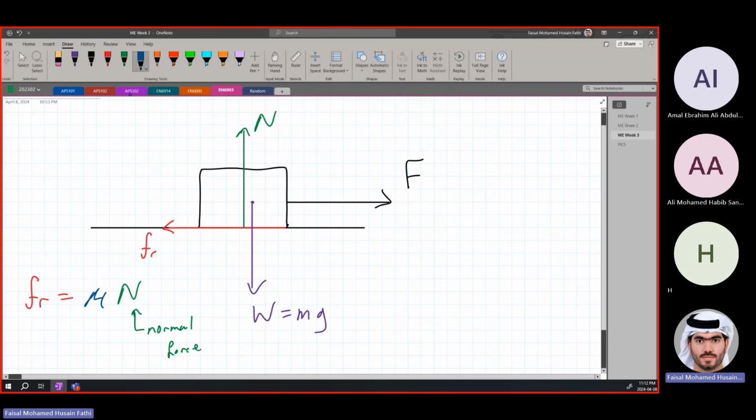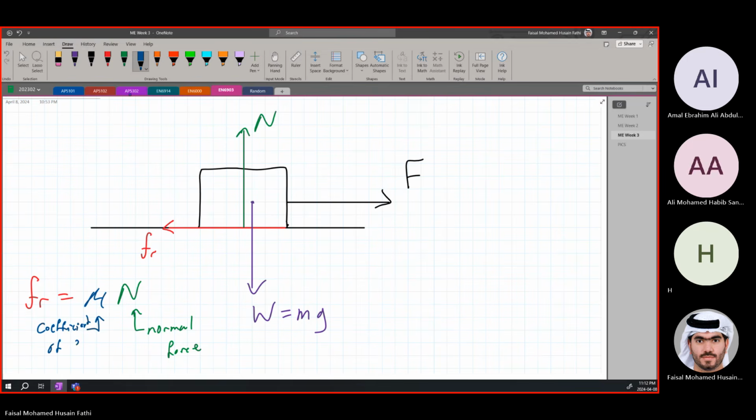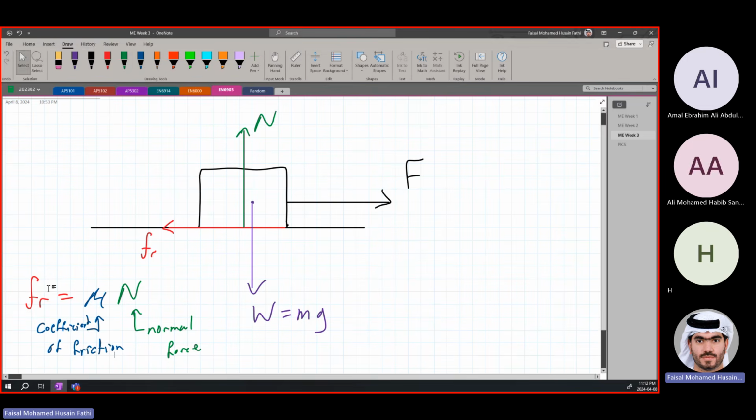Well, mu is something we call the coefficient of friction. This is how we can always determine the friction. The coefficient of friction is unitless, meaning it does not have any units. The friction force will also be in newtons. And the whole point of mu is that it is usually a standard number depending on the type of surface.